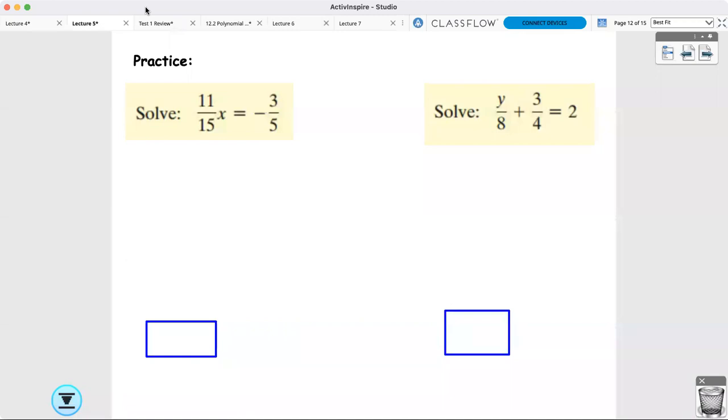All right, guys, does anyone need more time to work these equations out? Remember, first, you're doing the same thing we just did, finding the LCD. Two, multiplying it to the whole equation to get rid of the fractions to rewrite the equation. Three, solve the equation.